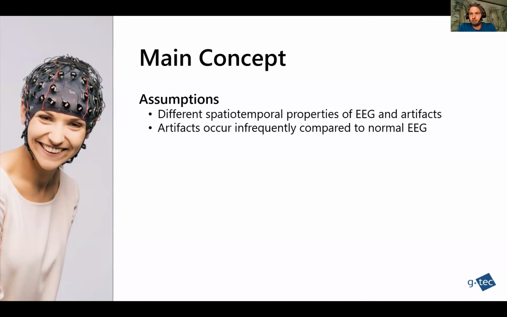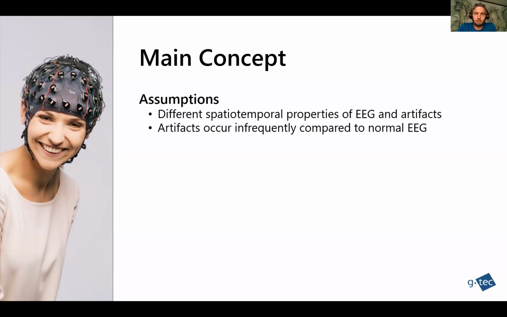For example, EMG has a very high proportion of high frequency components. EOG has very slow waves that are large in amplitude. Also, since you see it visually in the recording, it must have different spatiotemporal properties, because spatiotemporal properties define the overall appearance of a signal.